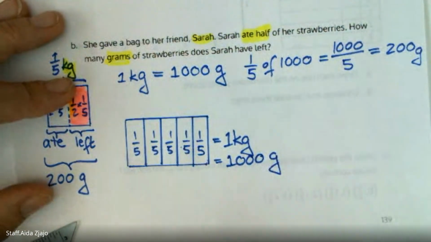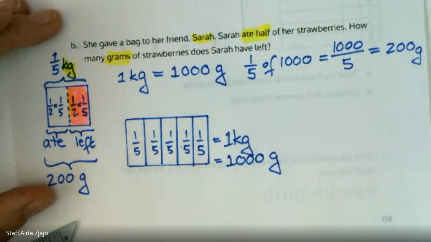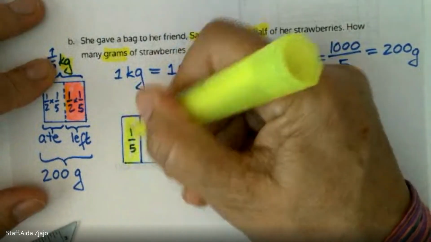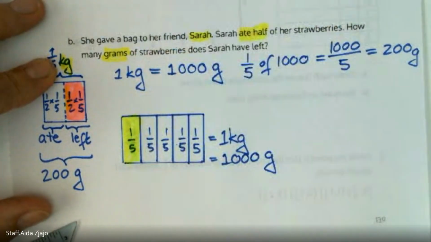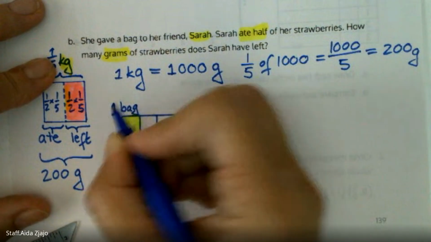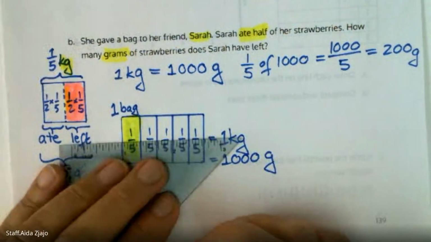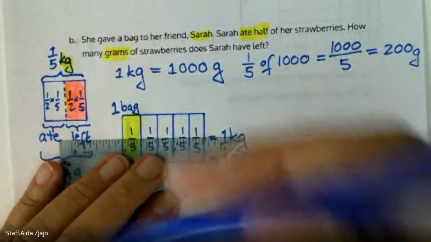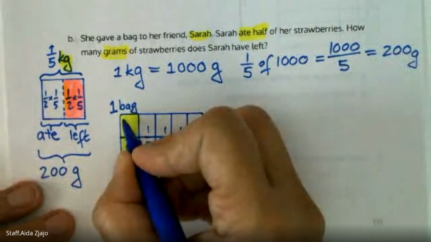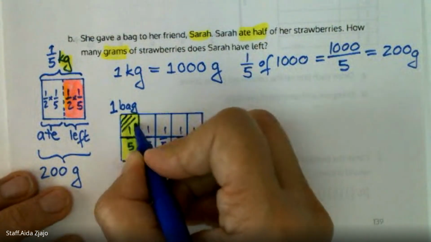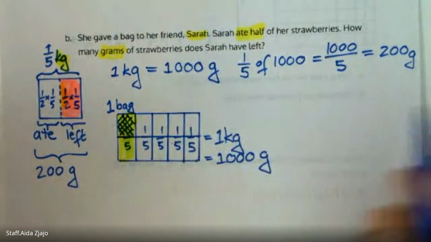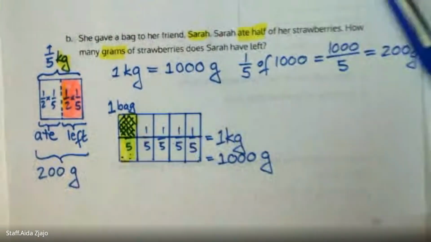Now, she only gave her friend one bag, which is this one. 1/5 is one bag. But her friend also ate just half of it. So let's pretend that this is a half. So she ate just this much, and this is still left.